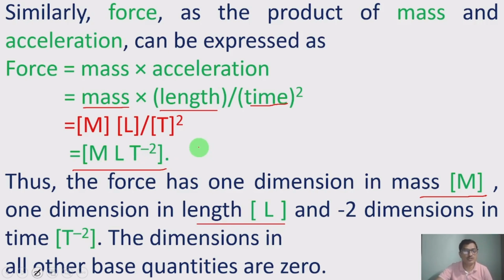As in the previous slide, M raised to 0, L raised to 0, T raised to 0 are not necessarily required to mention. If the power is 1 we consider it, otherwise we leave it out, and we represent the actual quantities in terms of the dimensions.